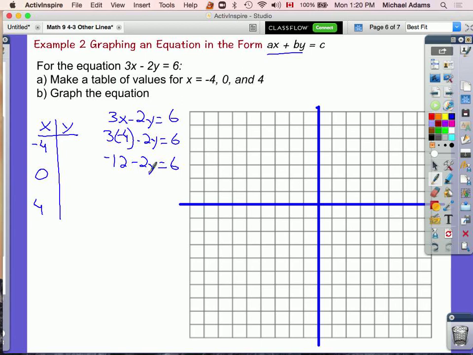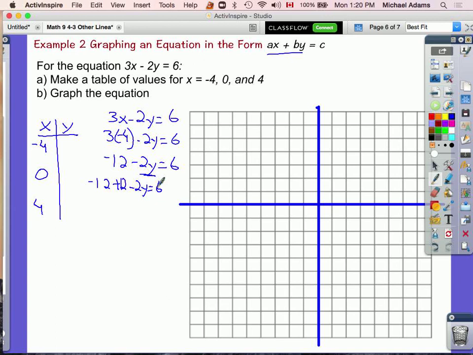So now, let's remember algebra. I want to isolate the y, but I have to get rid of this negative 12. In order to get rid of it, I have to do the opposite. So the opposite of negative 12 is to add 12. So I'll go negative 12 plus 12, and then I still have minus 2y equals 6.